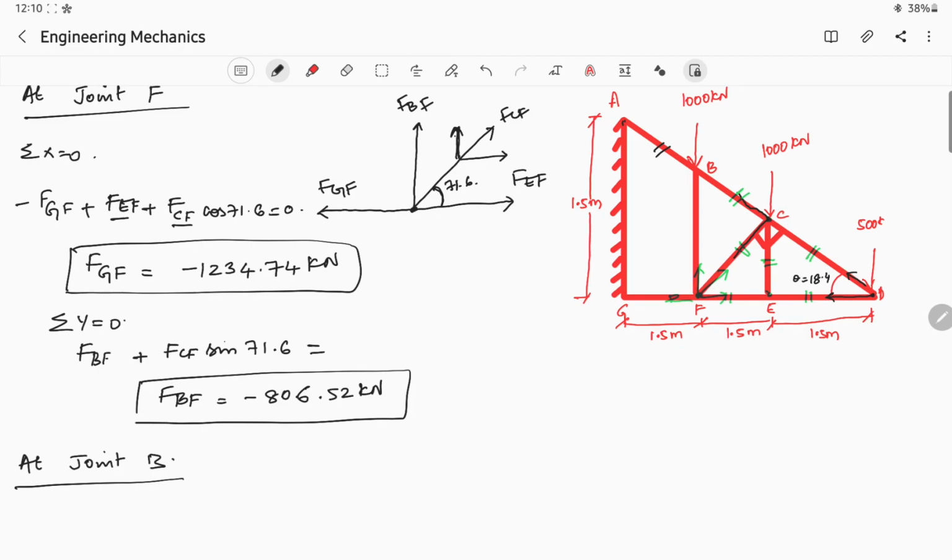So you will get the value of force in member AB is equal to 1303.51. That is the only force we have to calculate at last at joint B. Okay, so this is how we calculate all the forces in each member of the truss.